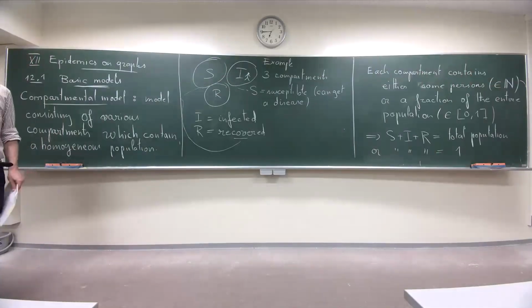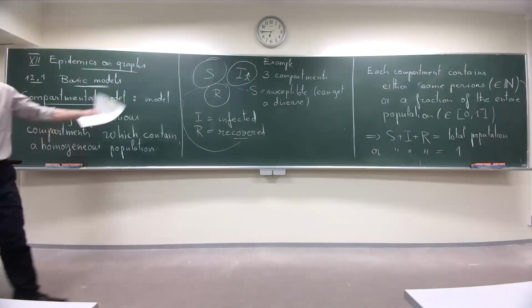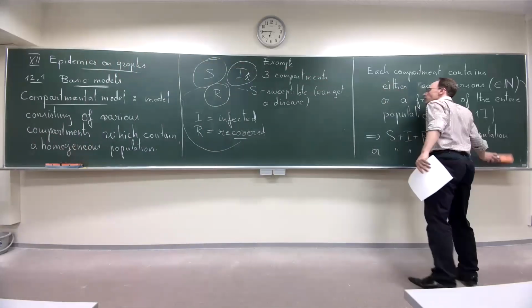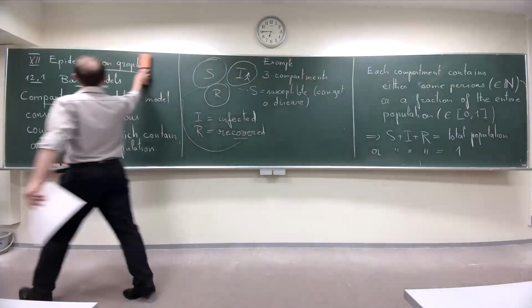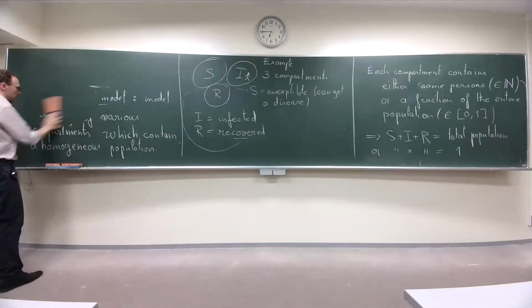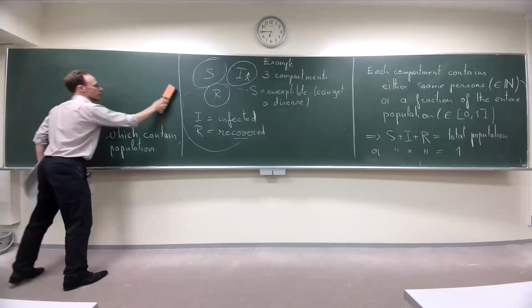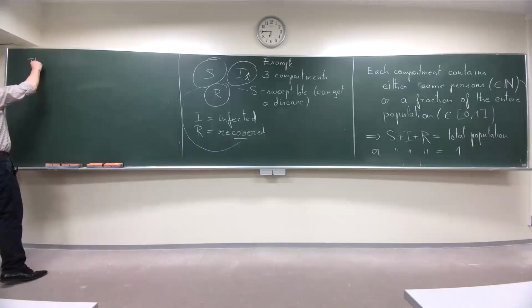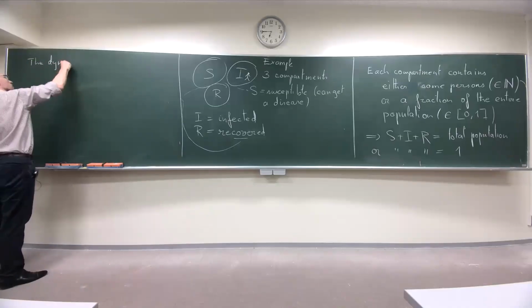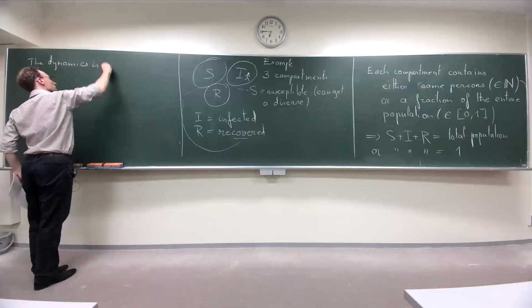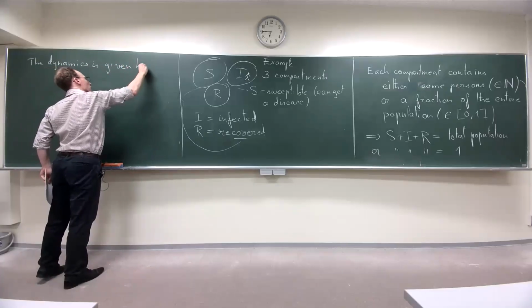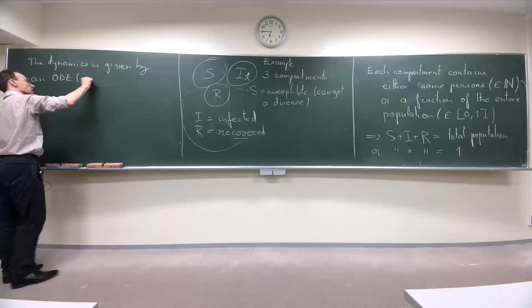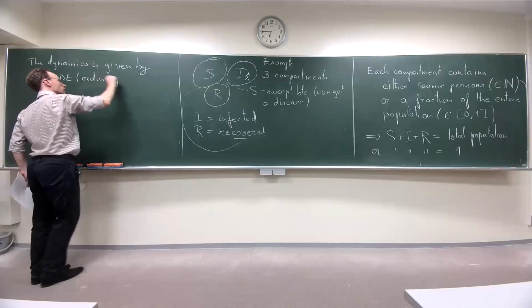Right? And of course, we need a dynamic. We need to say something about the evolution of this system. So the evolution is given by an ODE. What is an ODE? It's an ordinary differential equation.